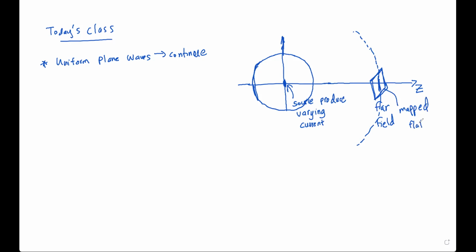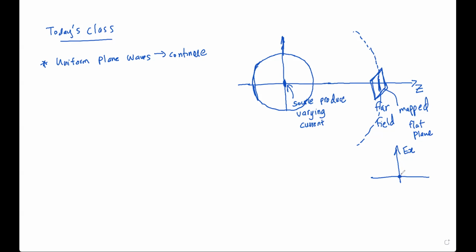In this flat plane, the electric field and magnetic field that are created are along these directions. For example, the electric field will be along the x-axis, and the magnetic field will be along the y-axis.